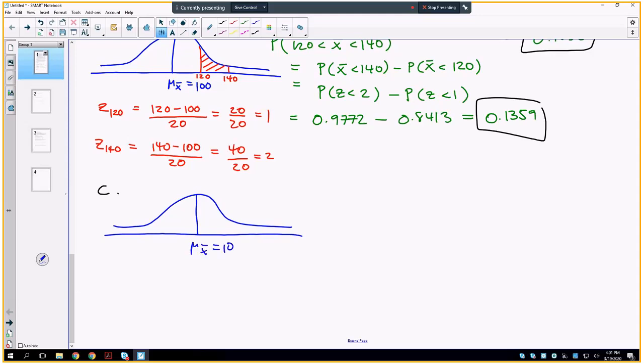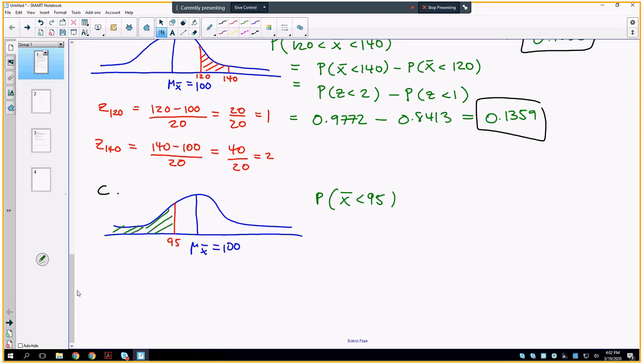Well, 95 is less than 100, so I'm going to put it over here on the left somewhere, 95. And what I'm really trying to find is the probability that x bar is less than 95 million. That should give me this area here to the left.